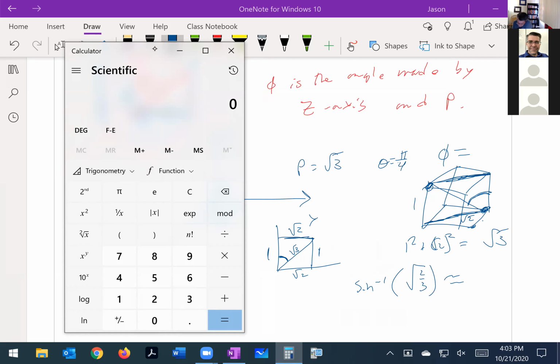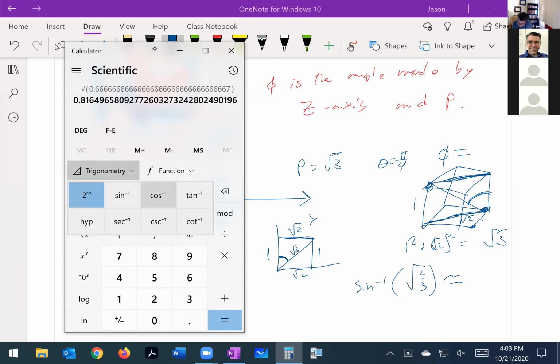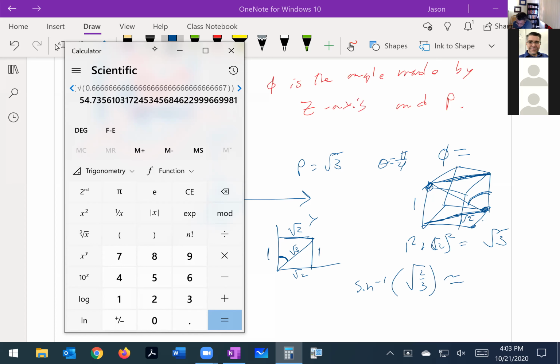So 2 divided by 3, radical, and then take the inverse sine of that. Okay, this is in degrees mode, so this is about 54.74 degrees.